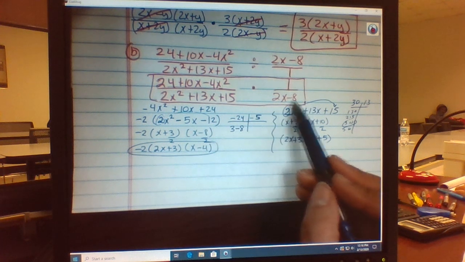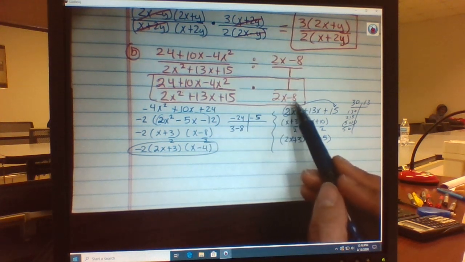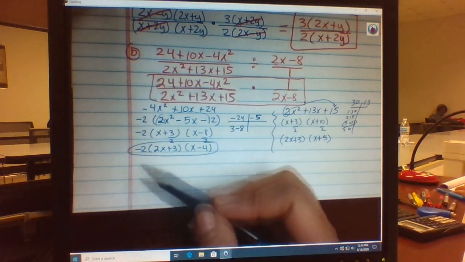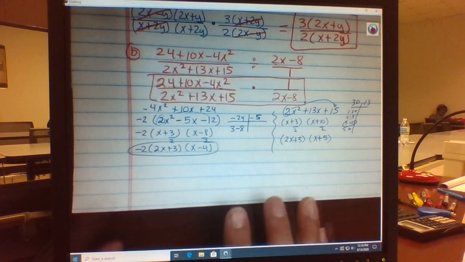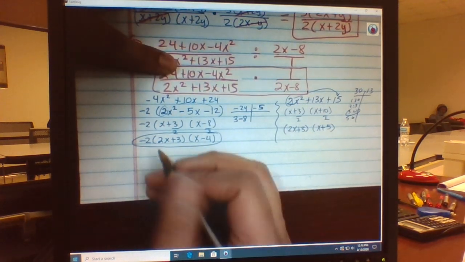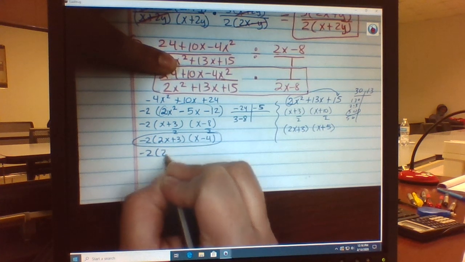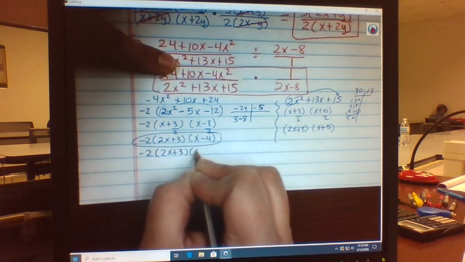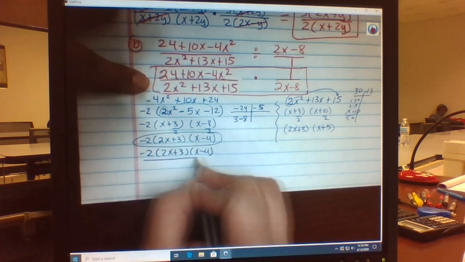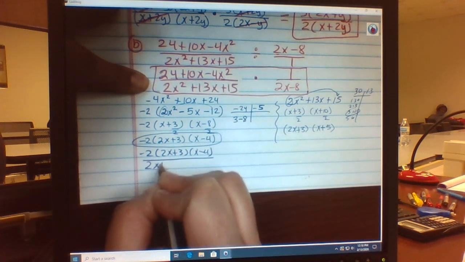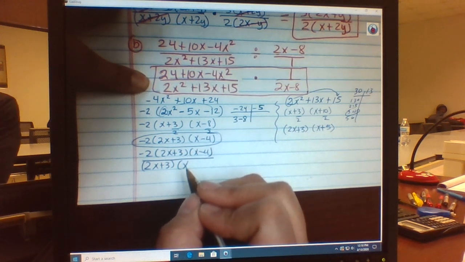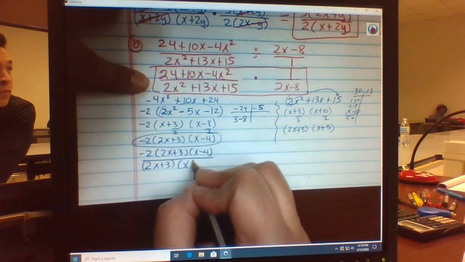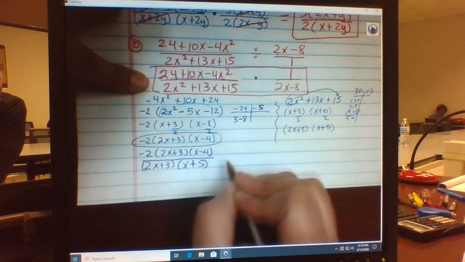Now, when you look at this, what are you going to be able to factor out? A 2, right? I'm not going to do it because then I'm not going to have room to finish off the problem on this page, but when I rewrite it, I will. This top became negative 2, 2x plus 3, x minus 4. The bottom became 2x plus 3, x plus 5.